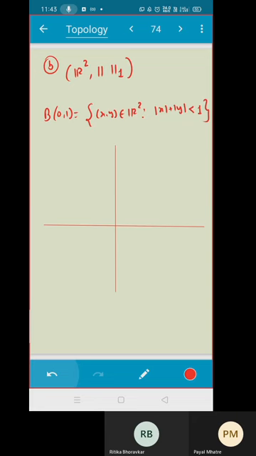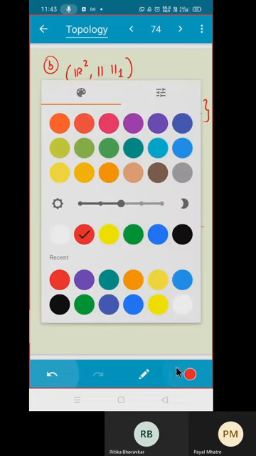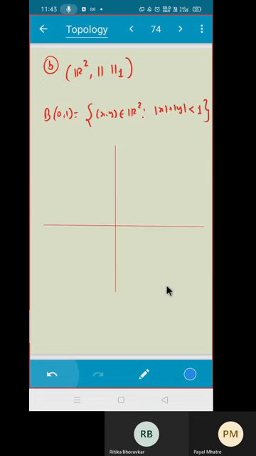You are going to have 4 equations. What are the equations? Can somebody tell me? What are the 4 equations I'll be having? See, if x and y both are positive, so I'll be having x plus y less than 1.